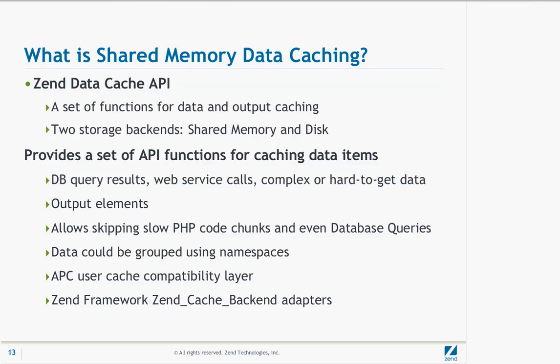Okay, so the second area that we focused on was the shared memory, or what's called disk data caching. It provides you both options to determine where to store your cached variables, database results, or parts of a rendered page. So this is an API that we're using.